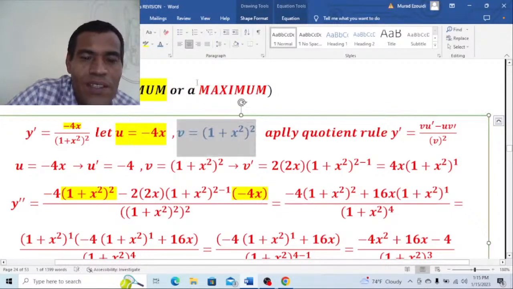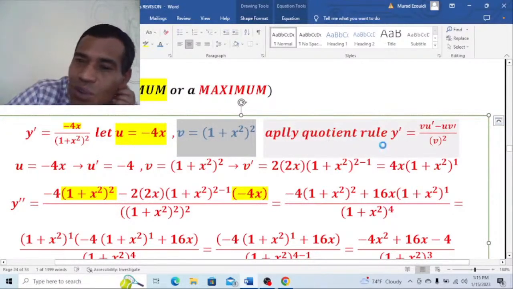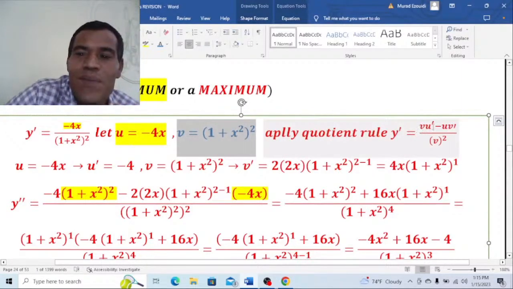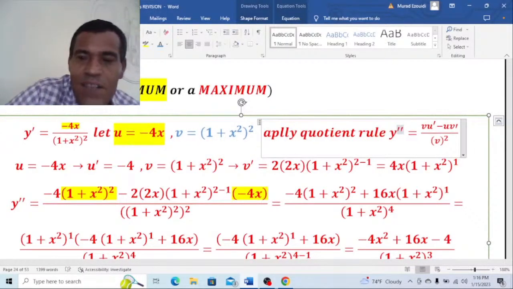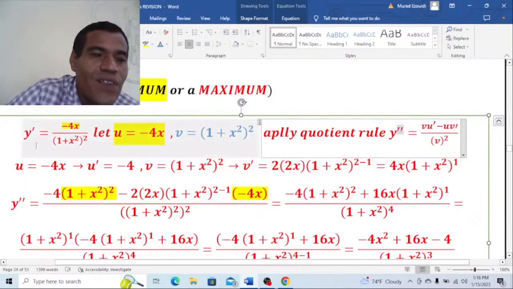This is v. Then I'm going to apply the quotient rule. I will write y dash is equal to v times u dash minus u times v dash over v squared, and here let's suppose this is y double dash, meaning the second derivative of this function.